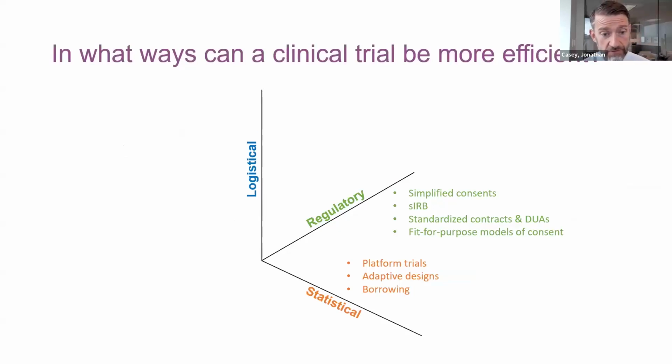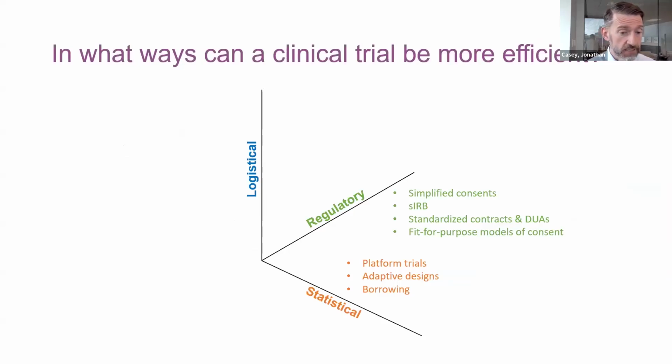So there are a number of axes in which a trial can be efficient. There's logistical efficiency. There's regulatory efficiency, things like simplified consents, sIRBs, standardized contracts and DUAs, and fit-for-purpose models of consent. And there's statistical efficiency, which is a lot of the things we've talked about today. So platform trials, adaptive designs.